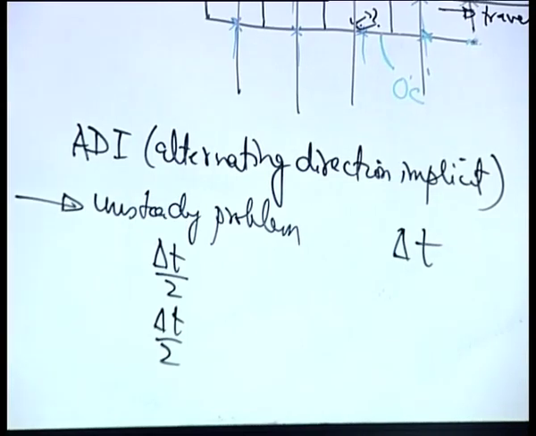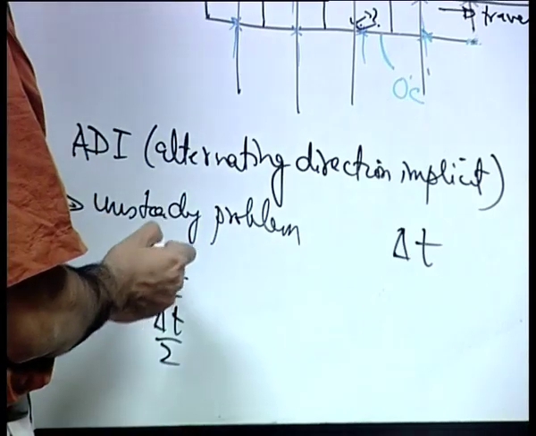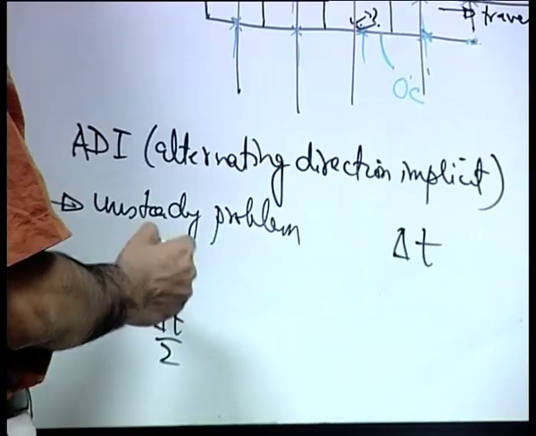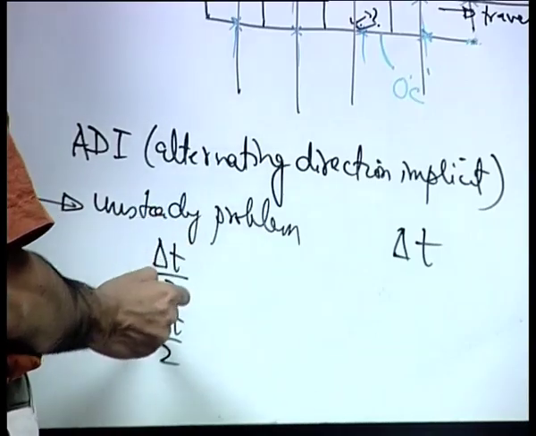So, you can use a fully time implicit scheme, but in that you have delta t by 2 and delta t by 2 as half of the time interval.